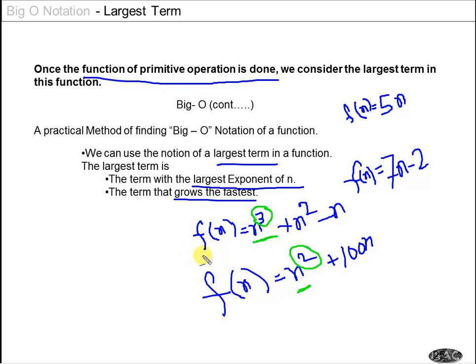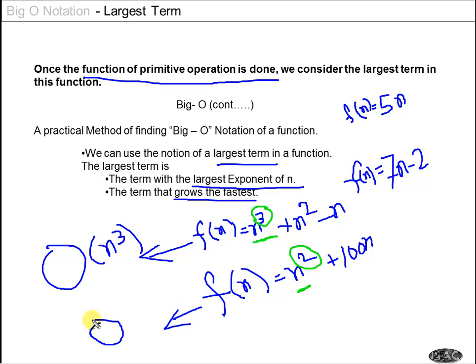So if for an algorithm f(n) is like this, then this is called an algorithm of order n cube. This one will be called an algorithm of order n square.